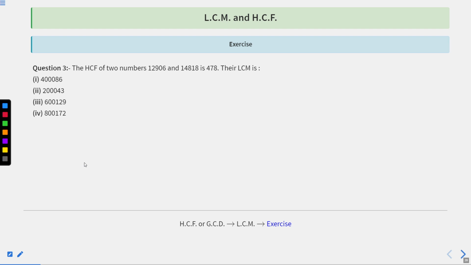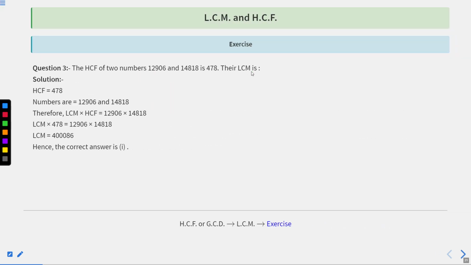Let us move to question number 3. The two numbers are 12906 and 14818, and their HCF is 478. So what is their LCM? The HCF is 478, which is given to us, and the numbers are also given to us.